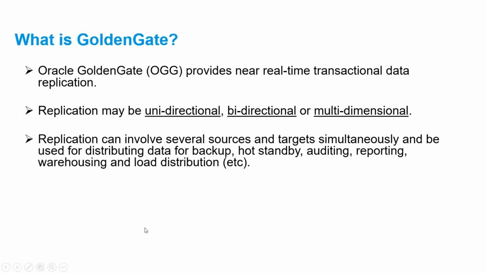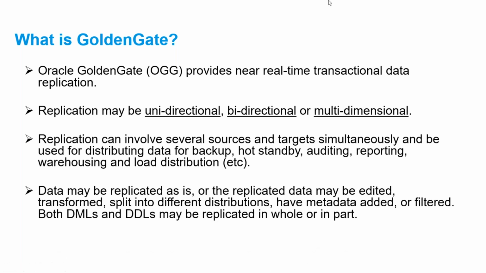This is what we have discussed in the next point. The replication can involve several sources and targets simultaneously and be used for distributing data for backups, hot standby, auditing, reporting, warehousing, and load distribution.